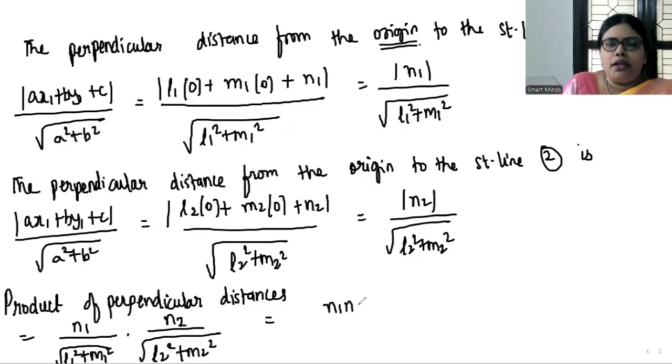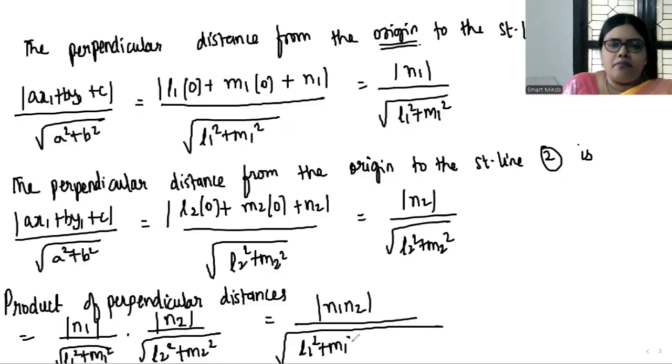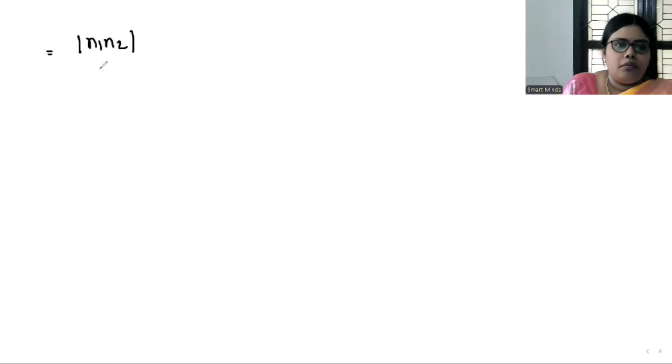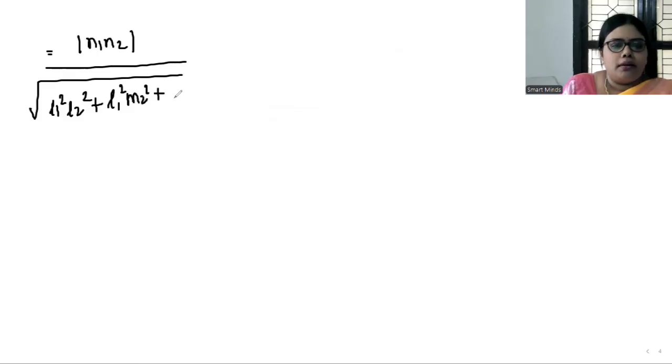So that is N1 N2, this is in modulus, by root over, we will put these both terms in a single root: L1 square plus M1 square into L2 square plus M2 square. So we already know how to multiply two binomials. So that is mod N1 N2 by root over L1 square L2 square plus L1 square M2 square plus L2 square M1 square plus M1 square M2 square.